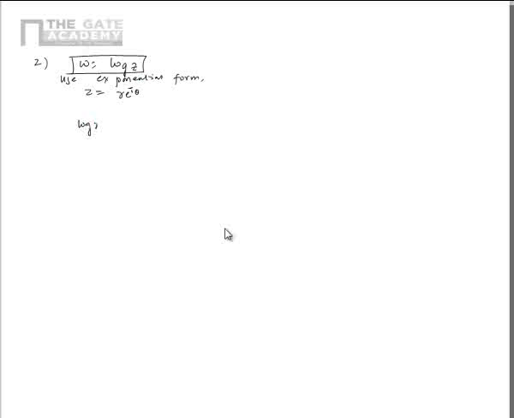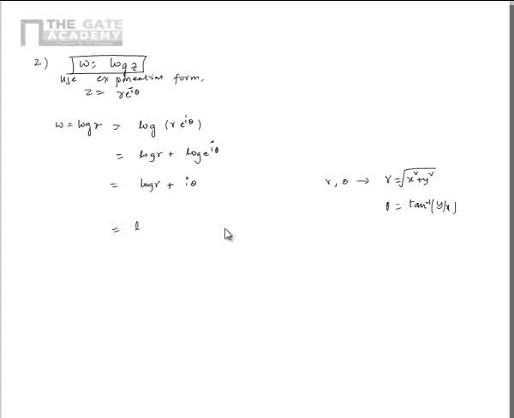So log z will become log of r e power i theta, that is log r plus log e power i theta. So this is log r plus i theta, and r and theta can be written in x and y. So r is root over x square plus y square, and theta is tan inverse y by x.